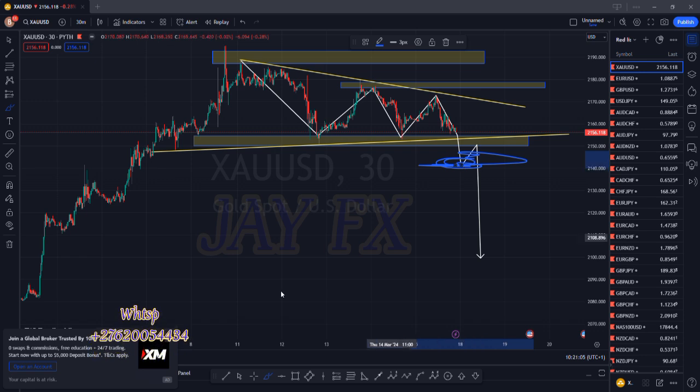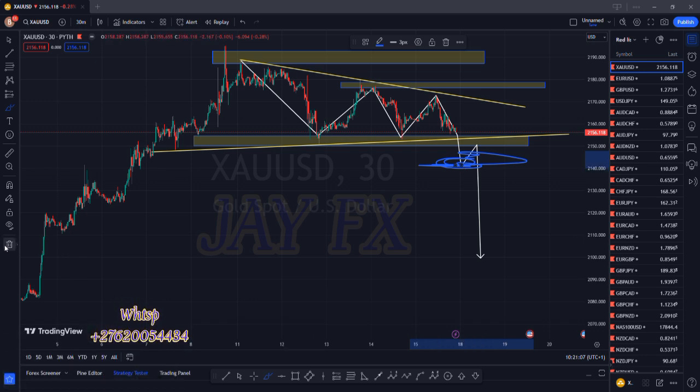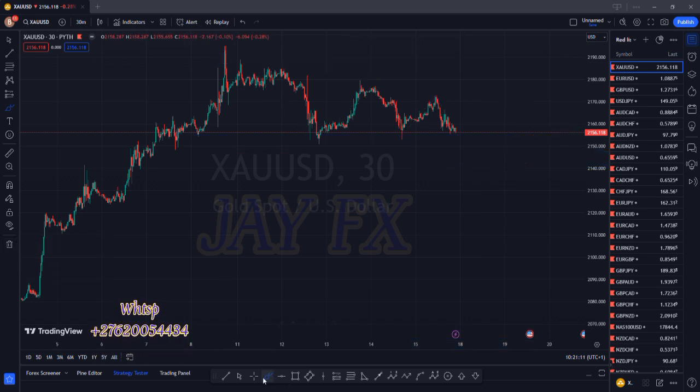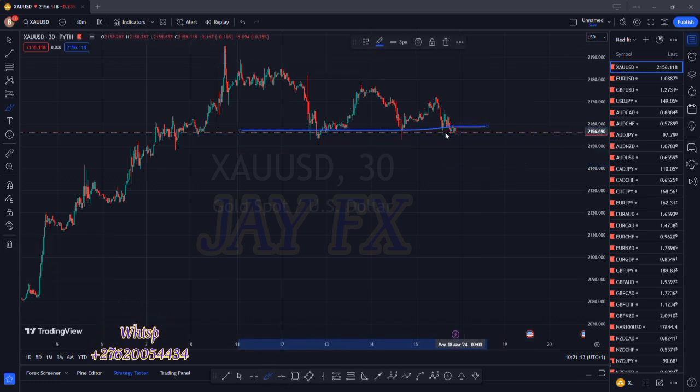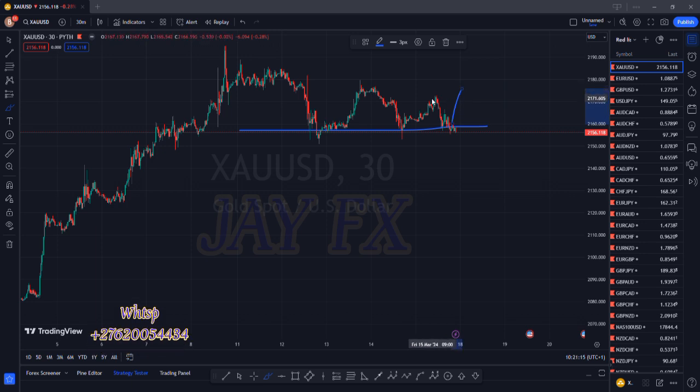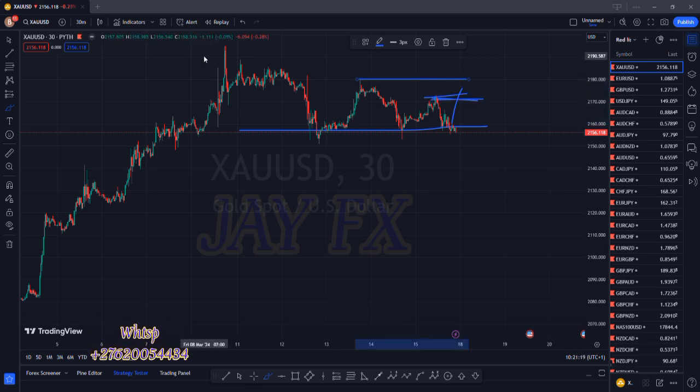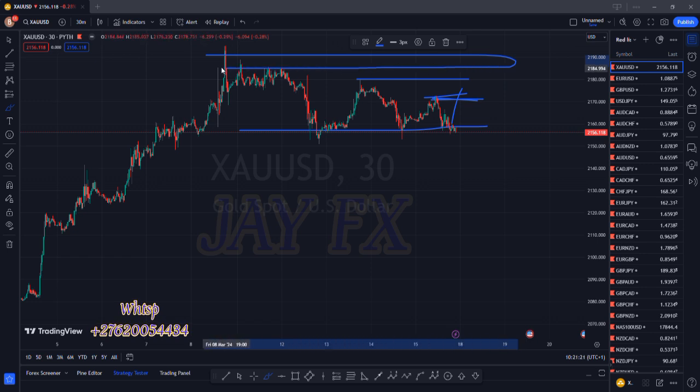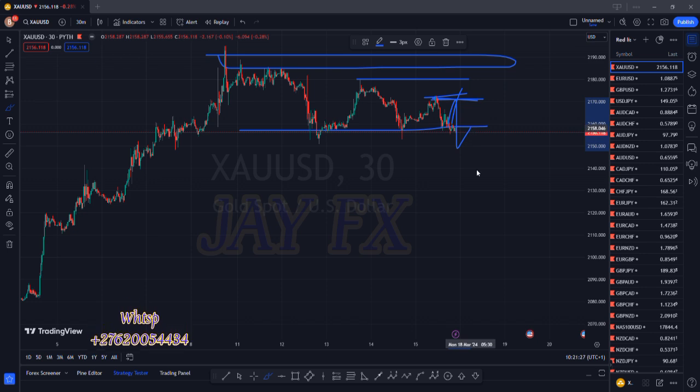So if that doesn't happen, what are we going to expect? Again, the market will come to this zone and go back to retest this resistance. Remember, we have another zone, which is the strongest resistance we have there. Maybe it will go back up and come to break and retest and go down.